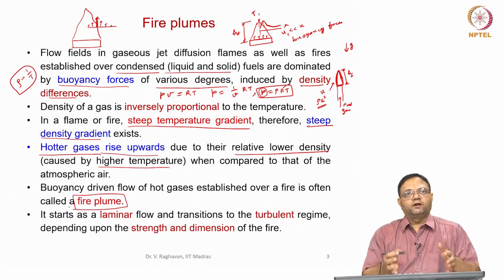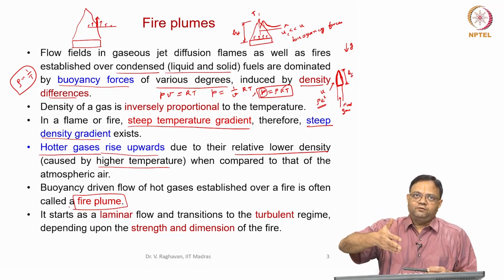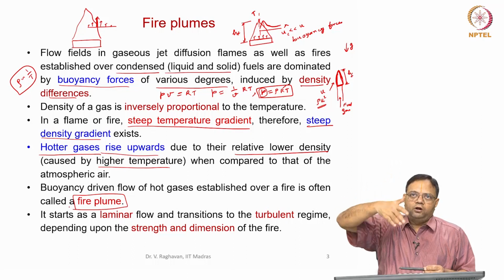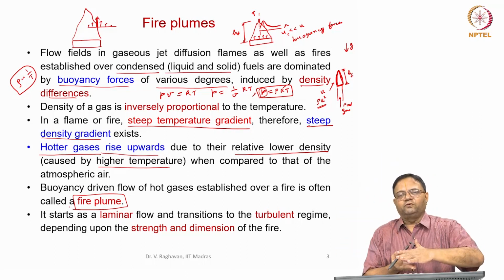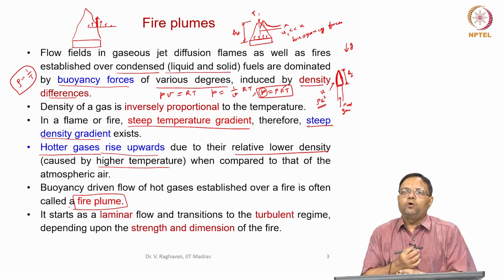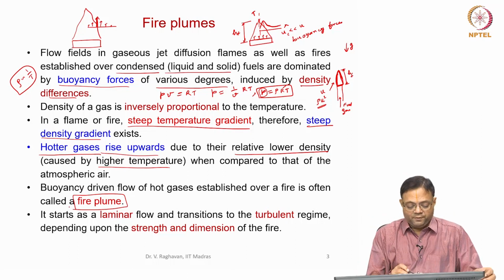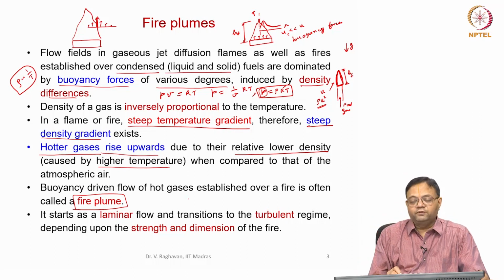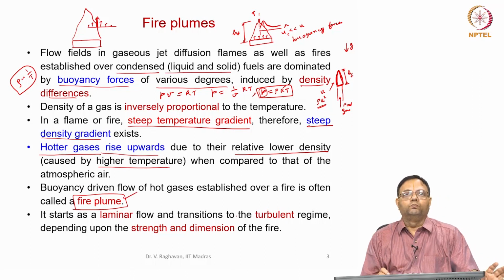The hot gases which are rising up, in some part there will be some chemical reaction taking place, but predominantly the gases are going to rise up to a very large height, and after a small height from the base of the fuel, there will be no big chemical reactions taking place. So, these hot products just rise up, and such a flow of hot gases established over the fire is termed as fire plume.